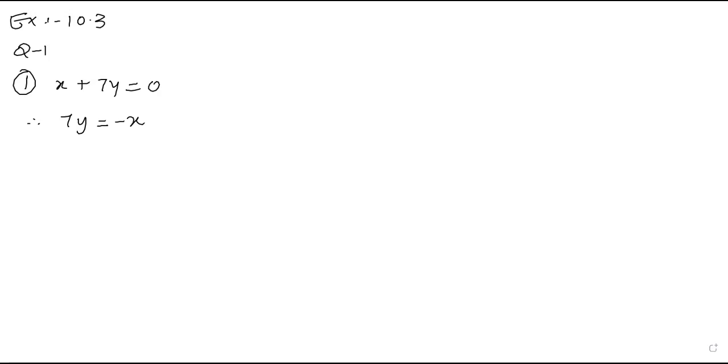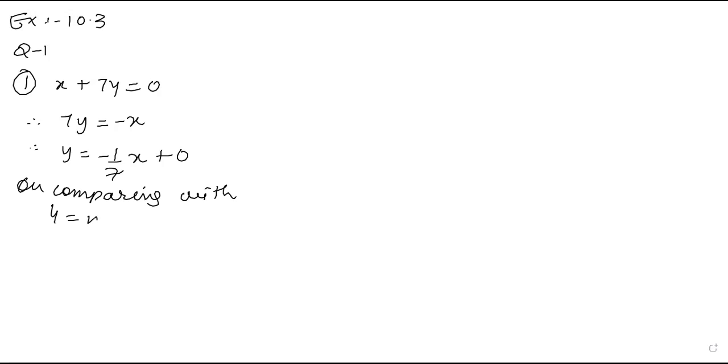So I can write this as 7y is equal to minus x, therefore y is equal to minus 1 by 7 x plus 0. So on comparing with y is equal to mx plus c, my slope is minus 1 by 7, whereas y intercept, which is c, is 0. Right?